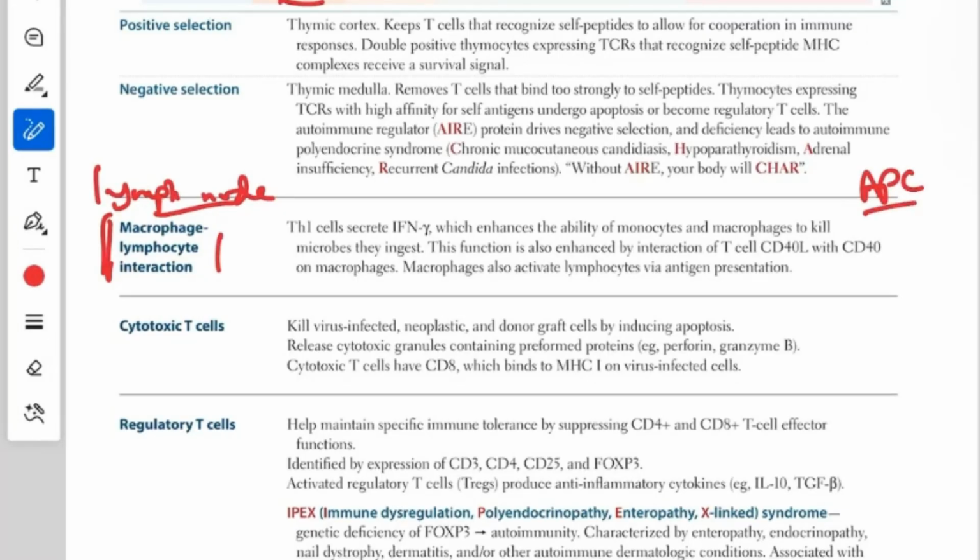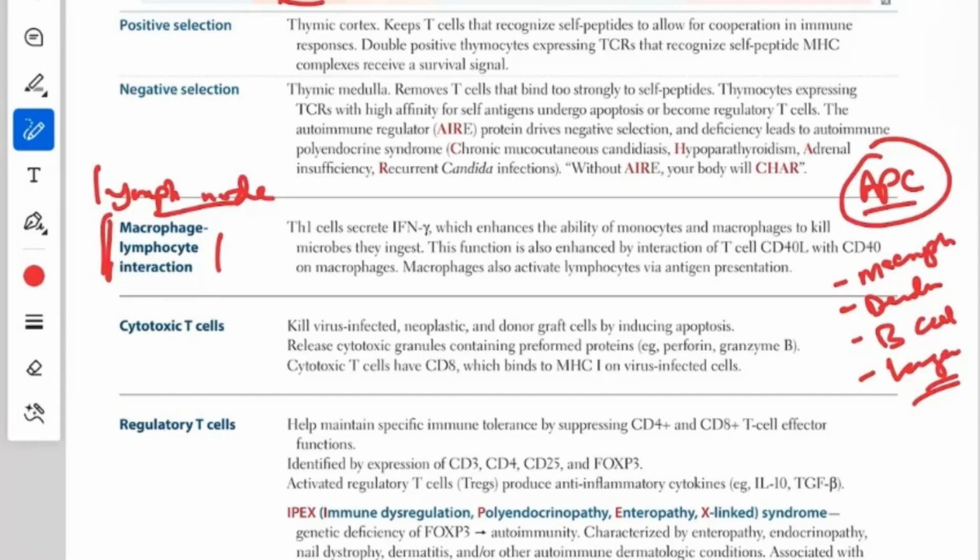We said from yesterday's discussion that the antigen presenting cells are the macrophage, the dendritic cell, the B cell, and the Langerhans cells. These are the cells waiting for the T cell in the lymph node, and through them the T cell will encounter a foreign antigen.